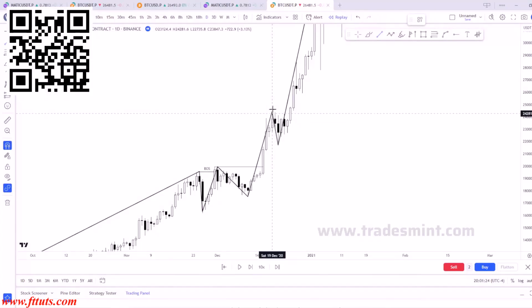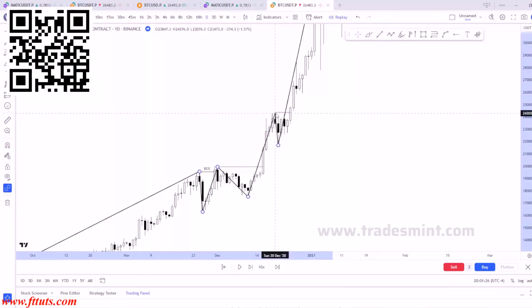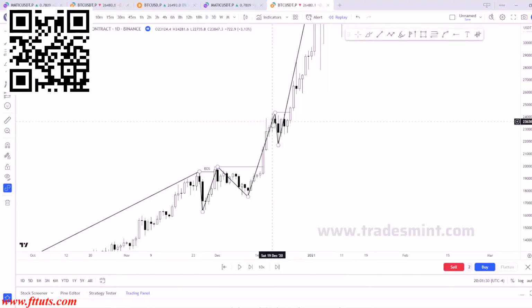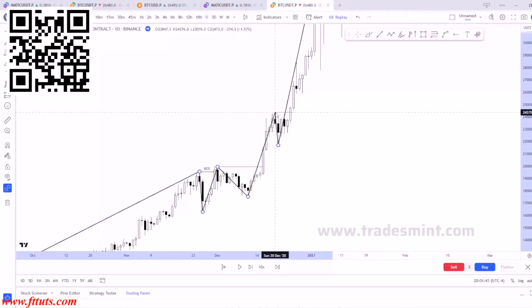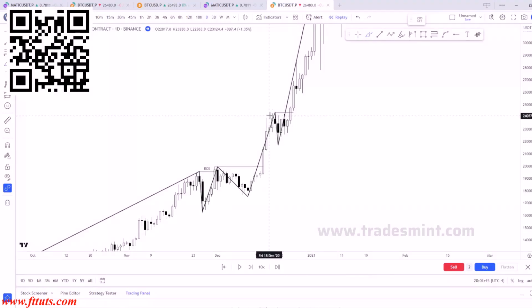Now notice how I drew this path tool up to the top of this black candle. This black candle has traded higher than the bullish color candle on the left of it. I don't want you guys picking only bullish color candles for your higher highs in an uptrend, because that's not the highest point. This black candle here is absolutely the highest point during what I call the hump.